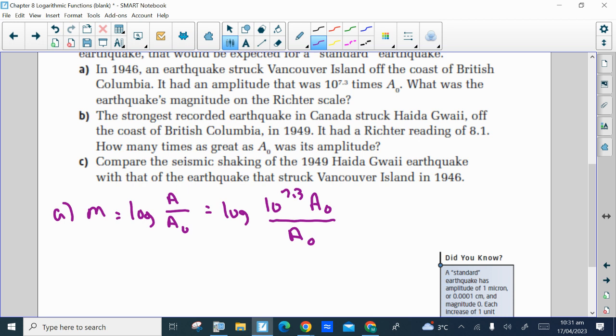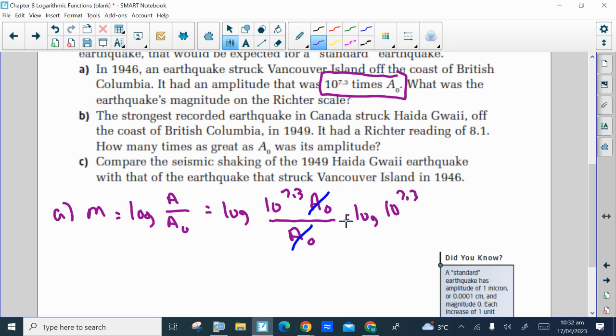I'm just using the formula that we were given, and we are told that the value of a is 10 to the power 7.3 times a sub-zero. That's what it tells us right there. And so the a sub-zeros will cancel, and you will have log of 10 to the power 7.3.